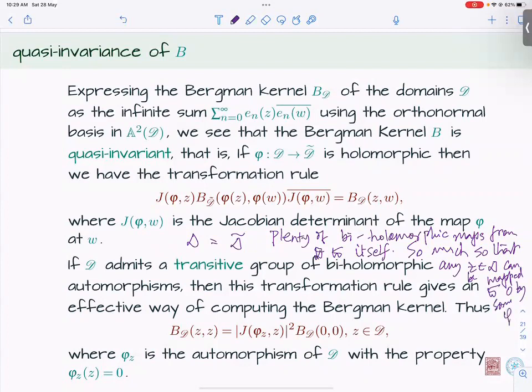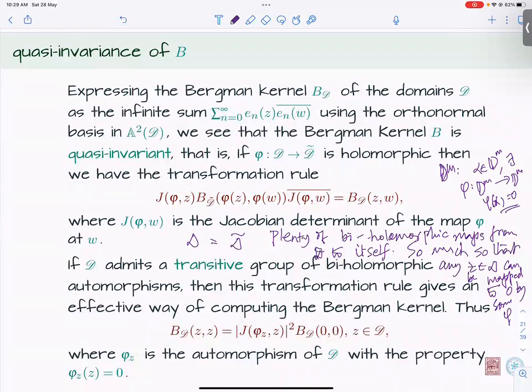Now remember, in the case of the polydisk, I showed you that given any alpha in the polydisk, there is a phi mapping the polydisk into itself such that phi of alpha is equal to 0. The same property holds for the Euclidean ball as well.